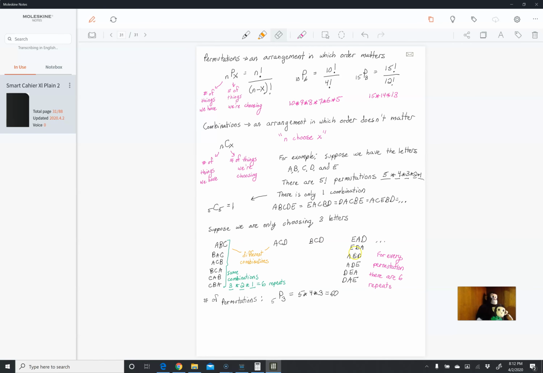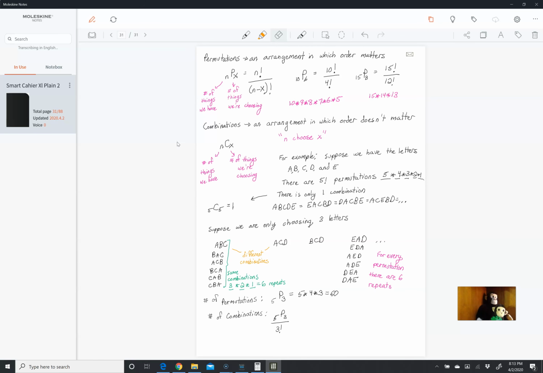And the way that we get rid of repetition is to divide. So the number of combinations would be saying, okay, take the number of permutations and divide by the number of repeats of each individual permutation.